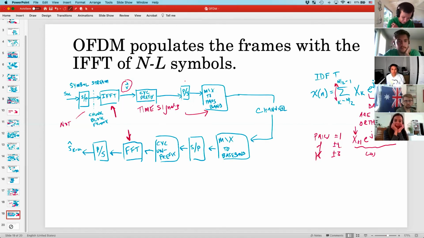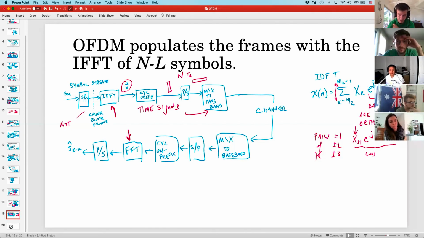Because if the frame is n symbol times long, then for every chunk that we have here, this is going to be n times Ts long in terms of the time that it takes to get through this duration. Rather than sending every symbol every Ts, we're sending n symbols over nTs.